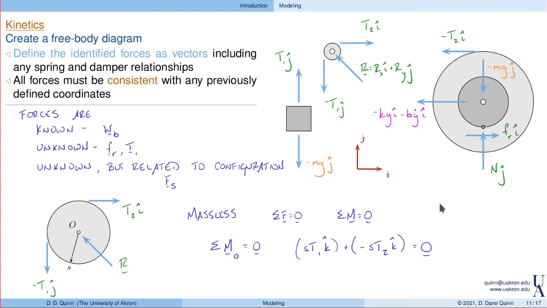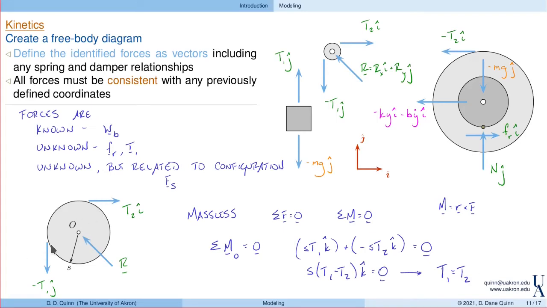I'll remind you that moments are defined as r cross F, right? So if you want to work the cross product out, totally fine. Well, looking at this, we see that s times (T1 minus T2) in the k direction has to be equal to 0. So the only way that happens is if T1 is equal to T2.